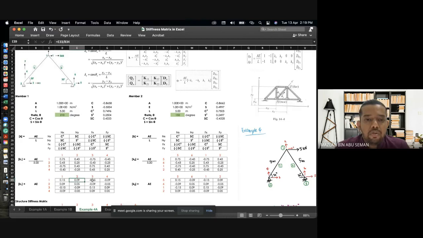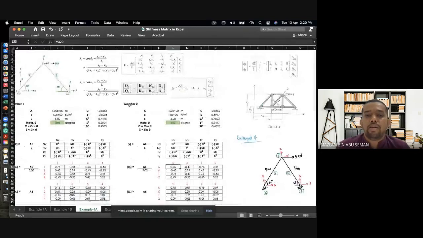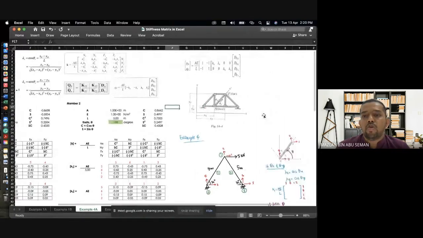So hopefully you know how to put a formula. Once you are done with member 1, duplicate from member 1, and do member 2. But for member 2, we have a different angle. So you get K2. If you have 5 members, you just copy here for member 2, member 3, and so on.